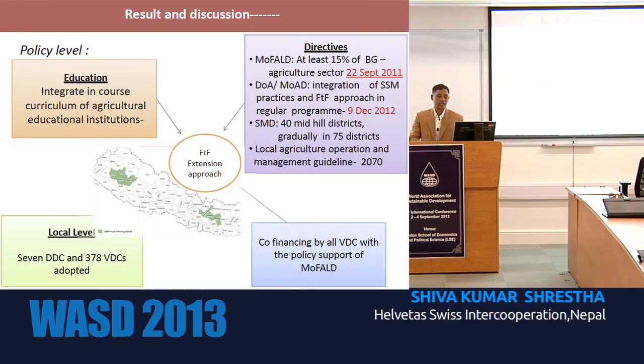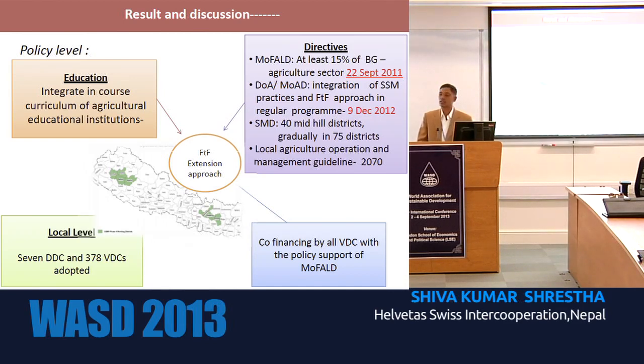And if you see the result of this extension approach, at the policy level, we integrated this approach in agriculture universities in Nepal and different agriculture training centers, and the course has been included, and the students are taught on that approach.